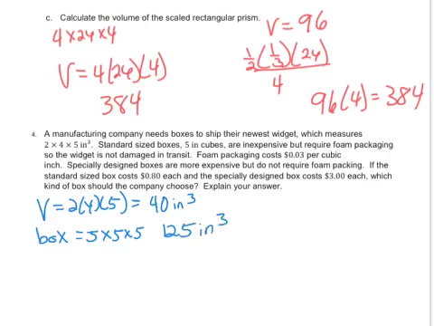Okay, that means we're going to need a lot of foam. So the foam ends up being 125 minus 40, and that's 85 cubic inches of foam. So you're going to take that information and figure out the cost of each box and decide which box is the better deal.